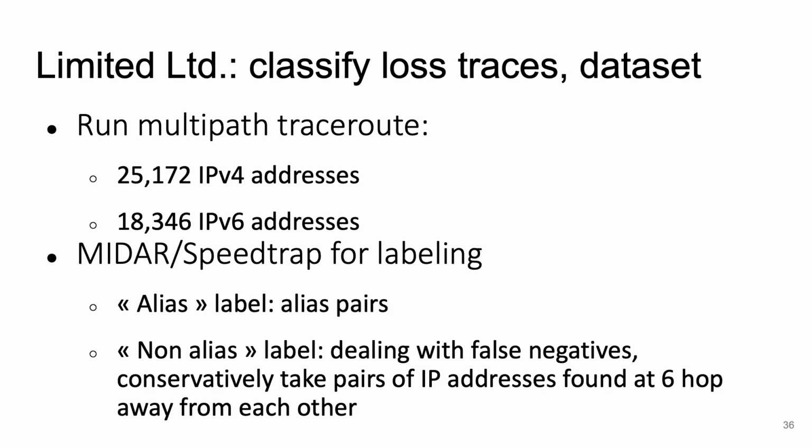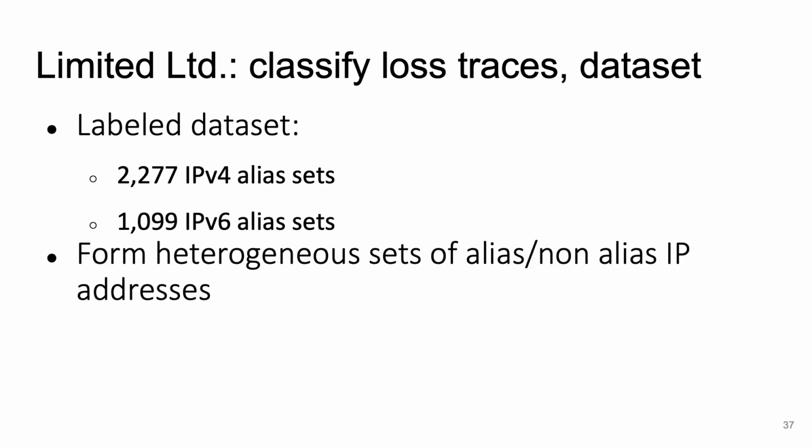For the non-alias label, it was a little more complicated because we have to deal with potential false negatives that these tools have. So what we've done is that we have conservatively taken some pairs of IP addresses that were found 6 hops away from each other to label them as non-alias.